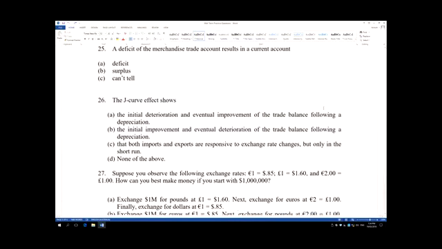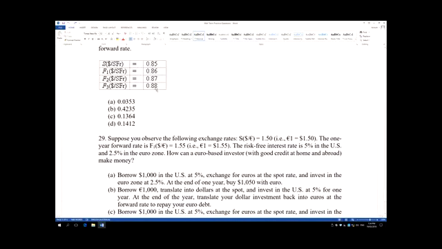The 3-month forward rate is this one, 0.88. The spot rate is 0.85, divided by the spot rate. Then we're going to annualize this, because you asked for the per annum rate, which is 0.1412. So question 28 is D.